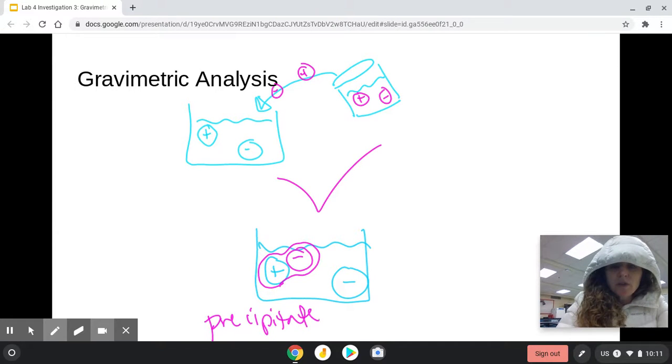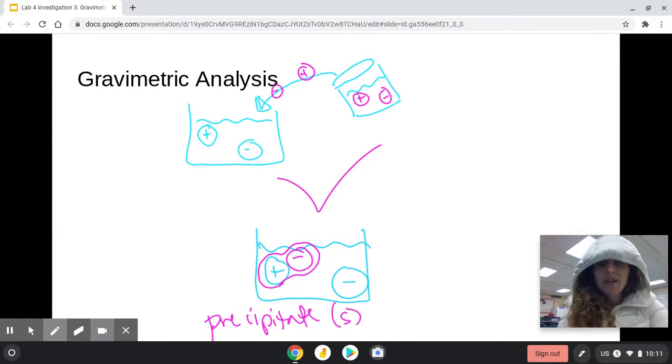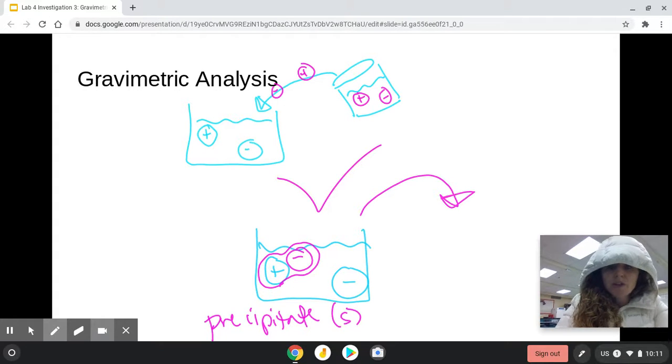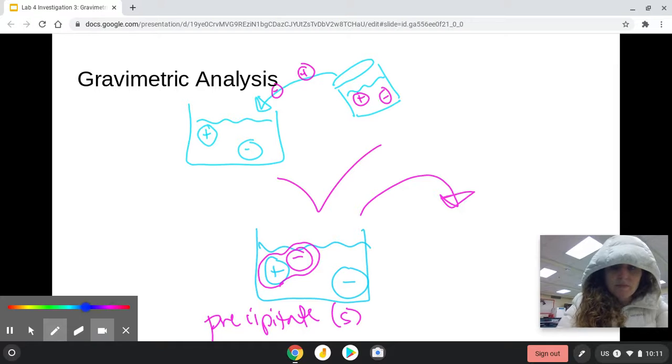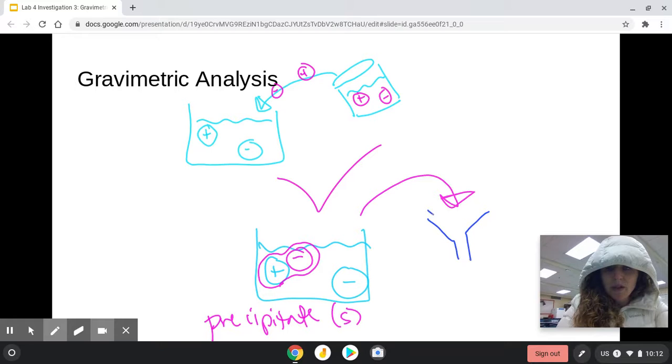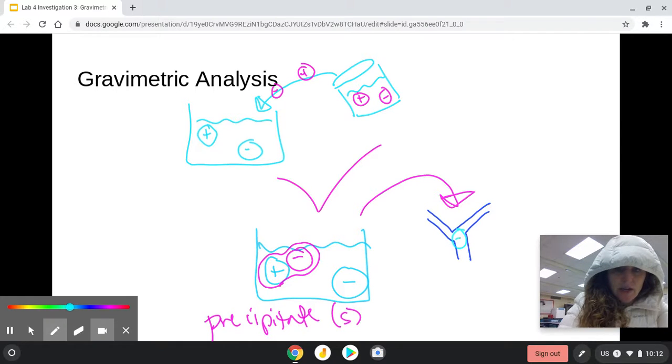So it's going to form a solid, and then what can happen is we can pour this solution through a filter. So we put a little layer of filter paper down, we pour our solution into it, all of the solution and the free ions that are just floating around.